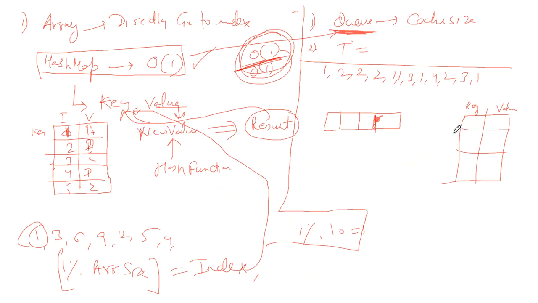Key should be the order. What should the key be? The key should be the order in which it was accessed.